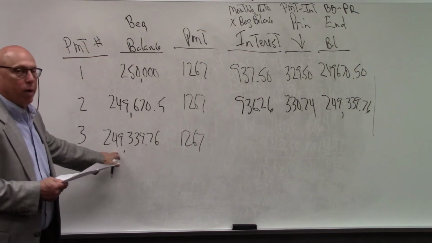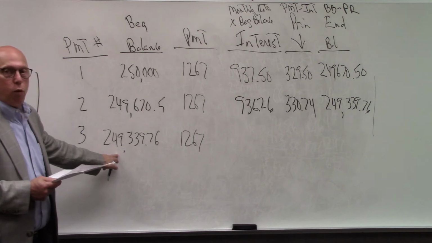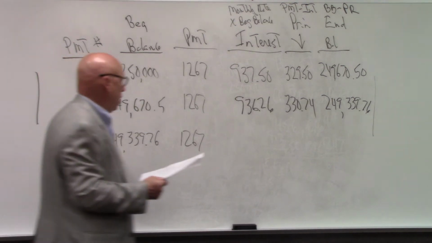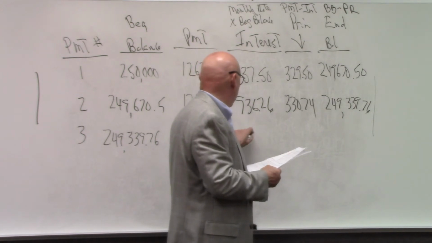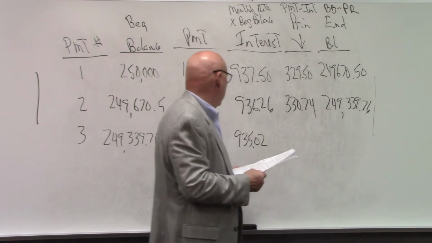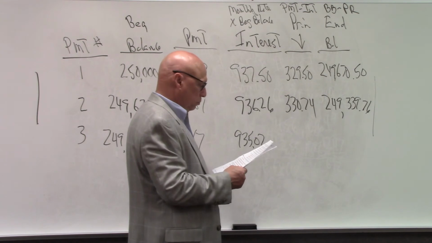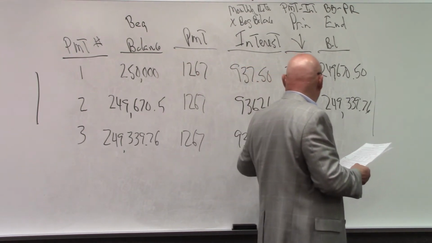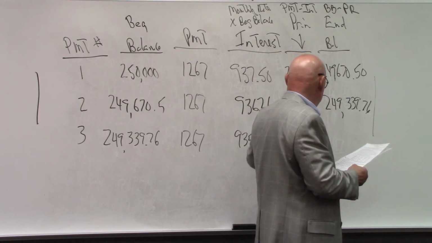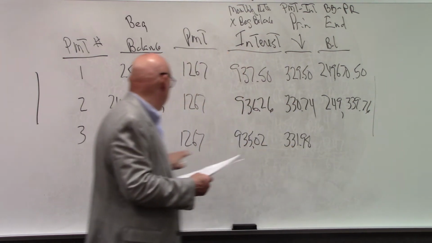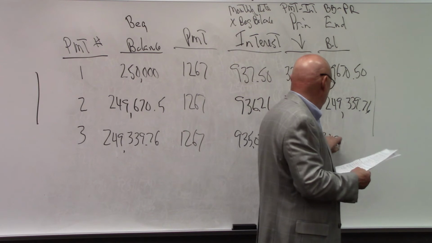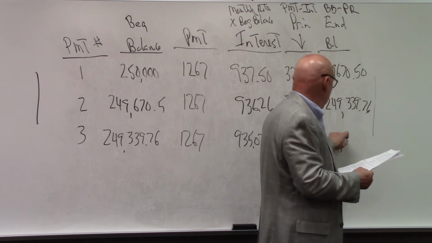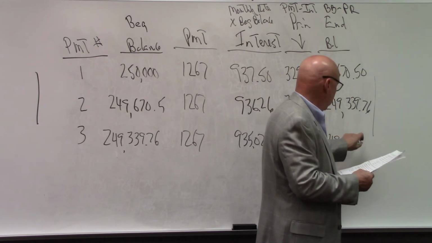Multiply this by 0.045 divided by 12, and you get $935.02. Subtract this from your payment, and you get $331.98. And subtract this from your beginning balance, and you get $249,007.78.